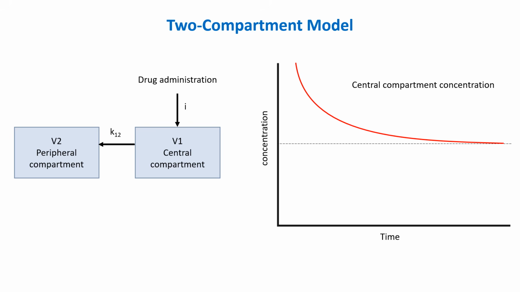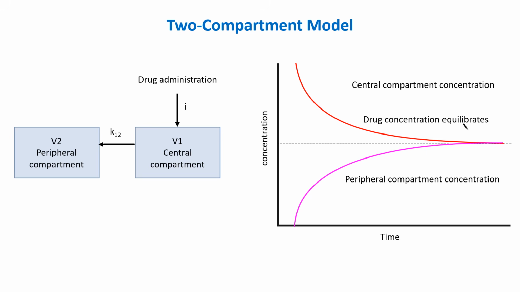This is called distribution phase, which accounts for the initial rapid decline in serum drug concentration. It is denoted by K12. The same process causes the concentration of drug in the peripheral compartment to rise. The distribution phases occur until the drug concentration in the central and the peripheral compartment is equal.